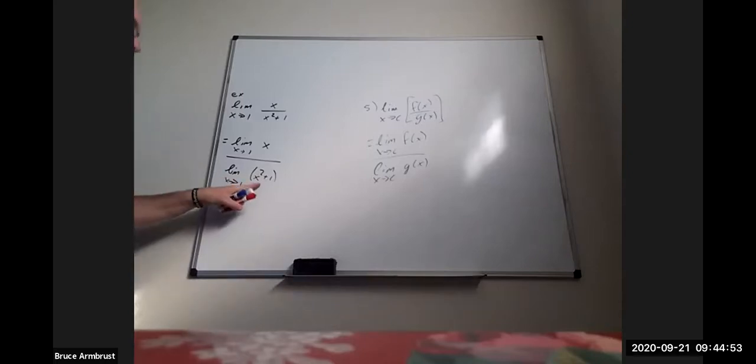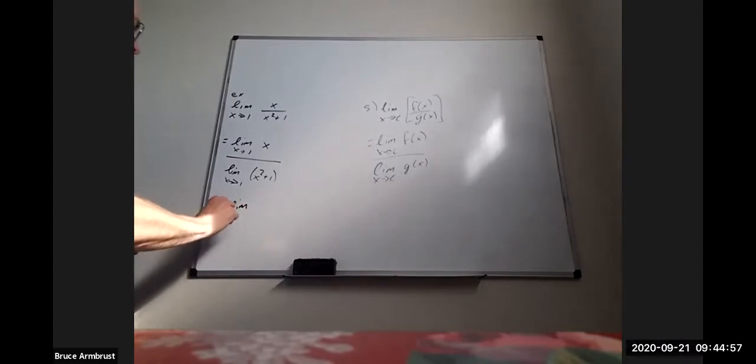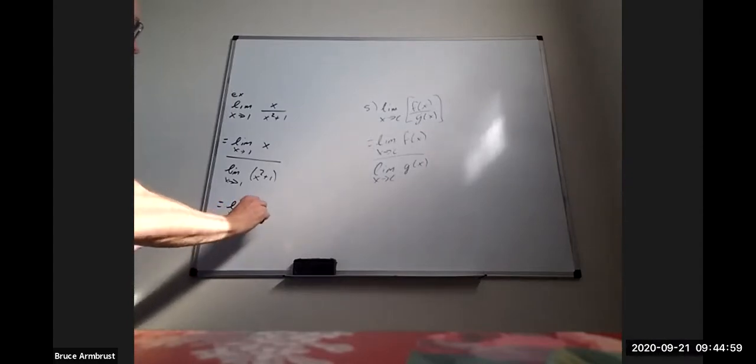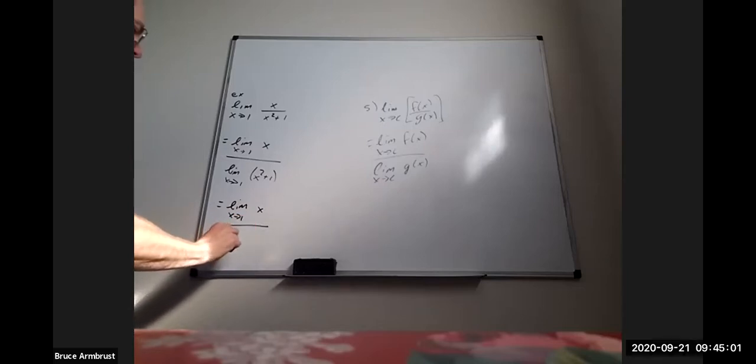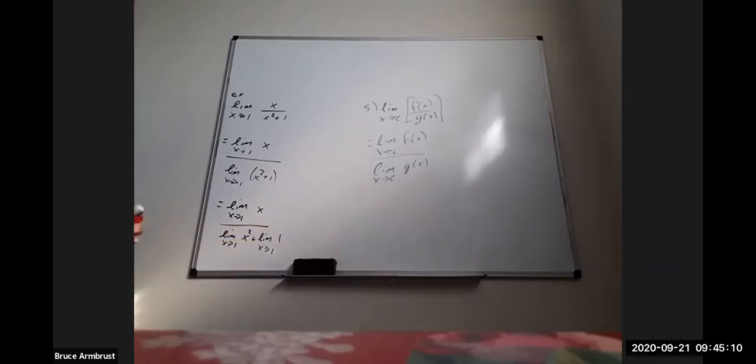On the bottom, I've got addition. So let me split that into addition limits. I've got the limit as x approaches 1 of x squared plus the limit as x approaches 1 of 1.